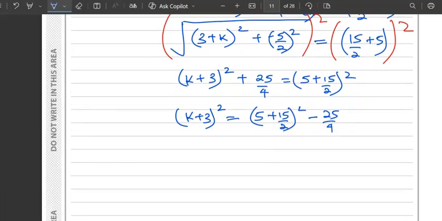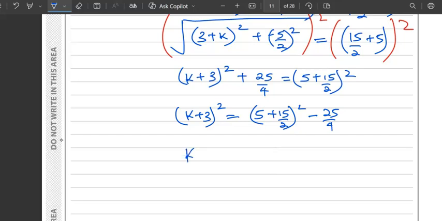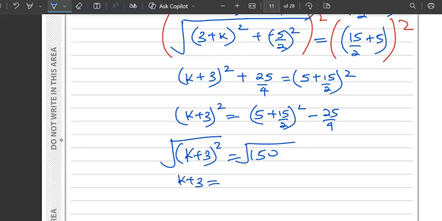So this means that k plus 3 squared equals 150. We can get the square root of both sides, so that we remain with k plus 3 equals root 150.